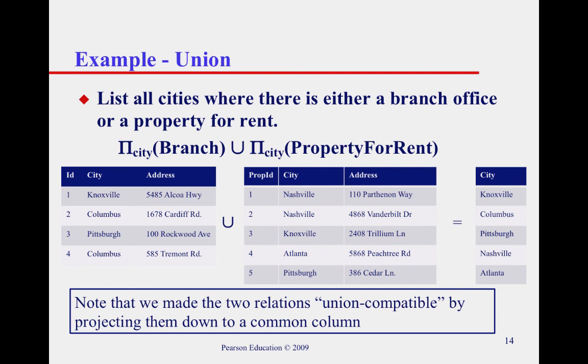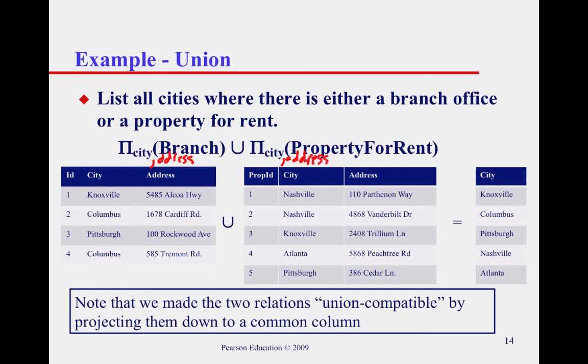So in this case, before we could union branch with property for rent, we had to project out the one common column, which was city. Actually, address was also a common column, but in this case we were just looking for the set of cities in which we either had a branch or a property for rent. But it would have been equally valid to project the city and address from both.